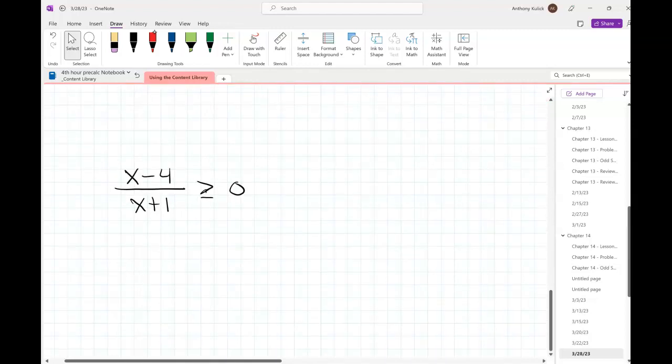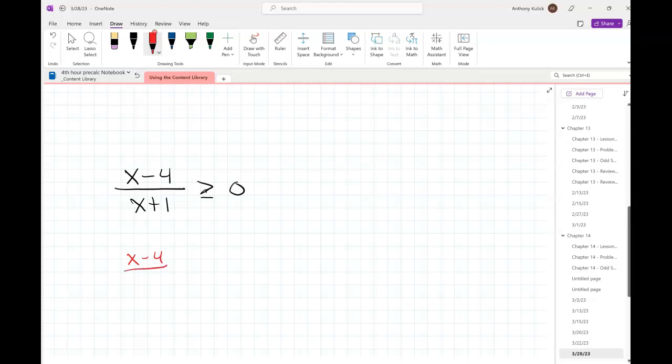So this looks like something we've been dealing with this chapter, right? So just like before, pretend that it equals 0. And when is a fraction equal to 0? Yeah, when the numerator is equal to 0.